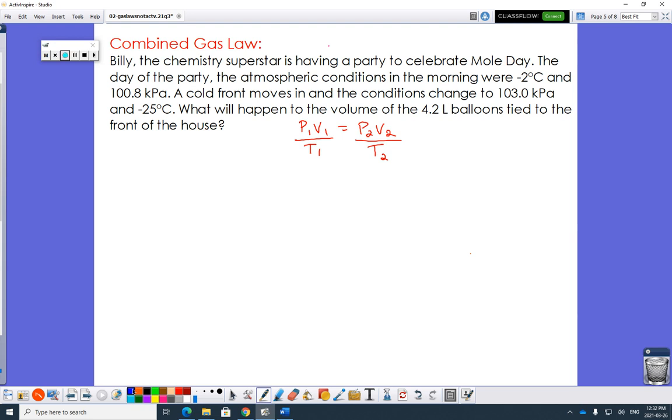So this is definitely a case where we want to change it to Kelvin. And 100.8 kPa. A cold front moves in and the conditions change to 103 kPa. So the pressure is going to increase, and -25 degrees Celsius, which technically is temperature decreasing, even though the size of the number is getting bigger.